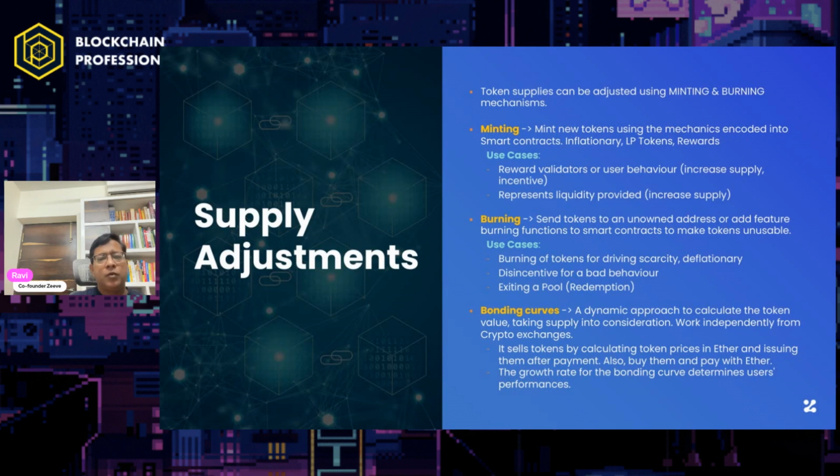One is that traditionally, we have seen in proof of work as well as proof of stake blockchains that the validators or the miners are rewarded by minting new tokens. In fact, sometimes we have seen some protocols pre-mine certain tokens when they launch, so that again you are minting tokens.